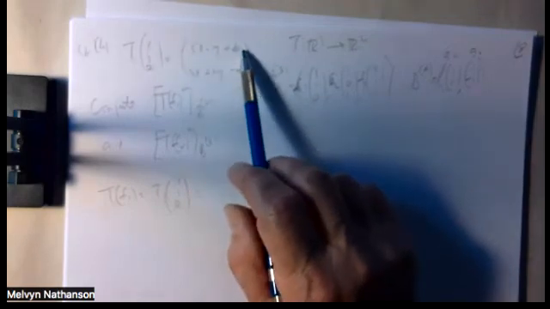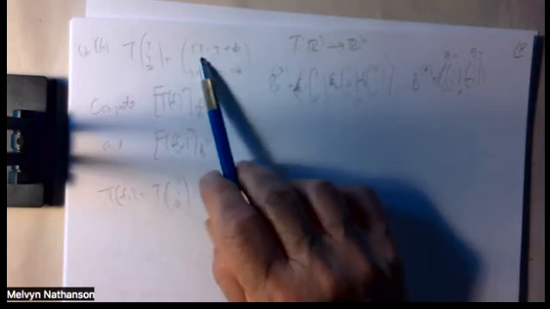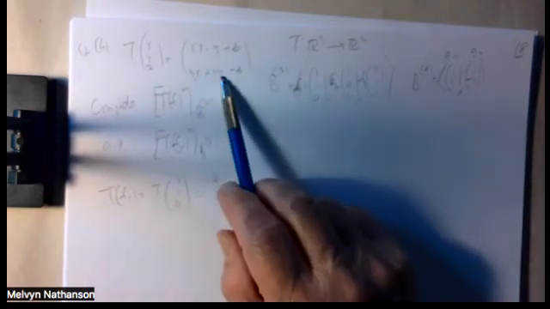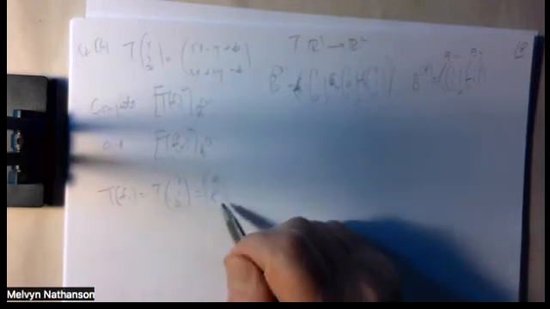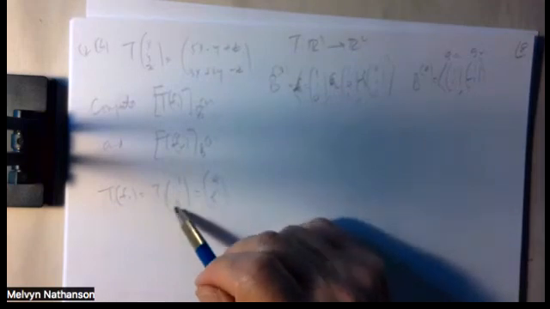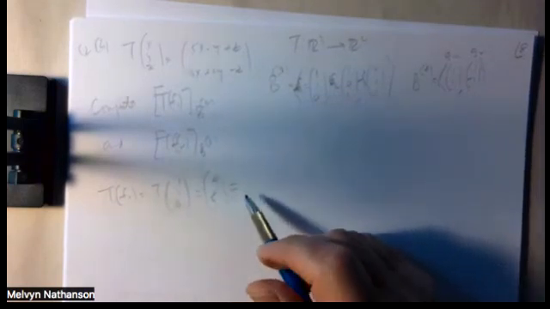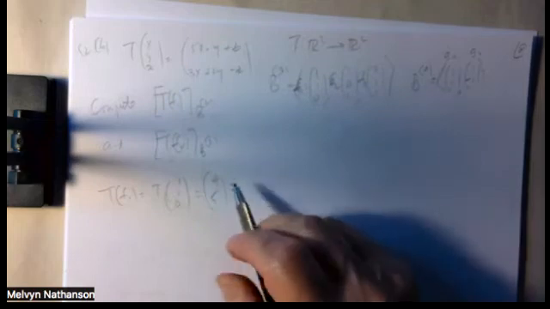When X is 1, Y is 1, and Z is 0, this is 5 minus 1, this is 4. When X and Y are 1 and this is 0, 3 plus 2 is 5. So T of 1, 1, 0 is the vector 4, 5. But I have to write this as a linear combination of the vectors G1 and G2.